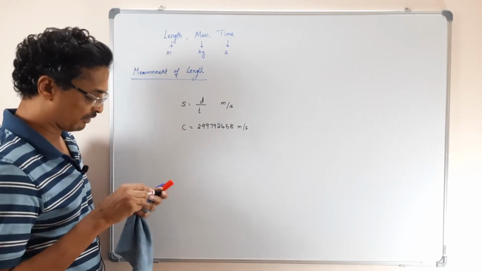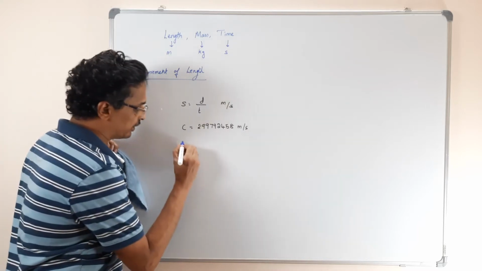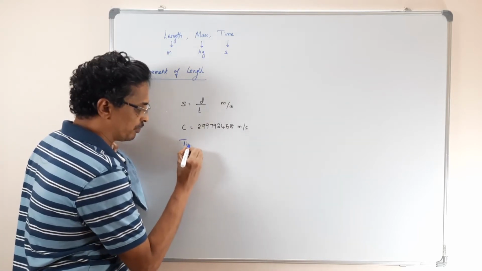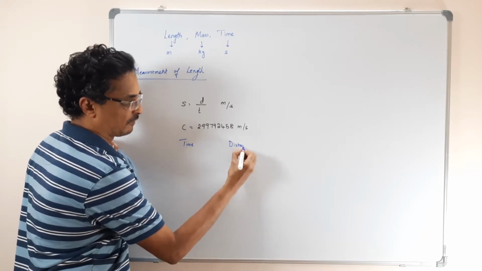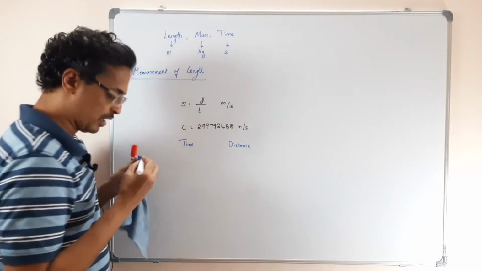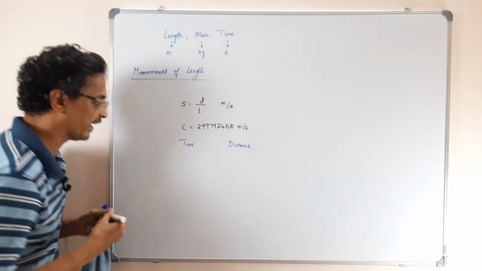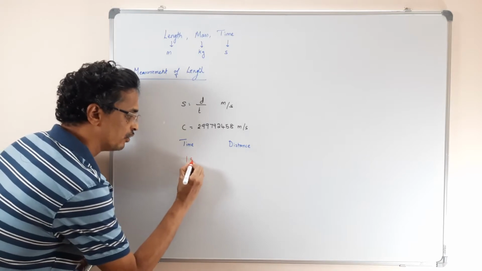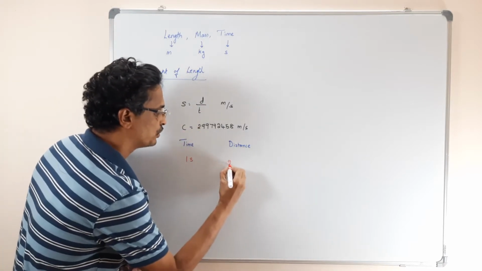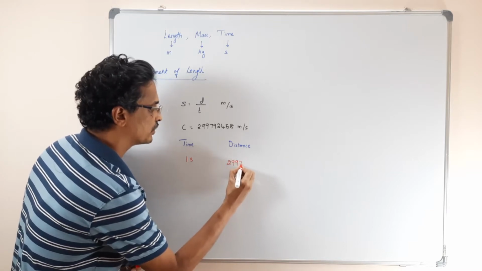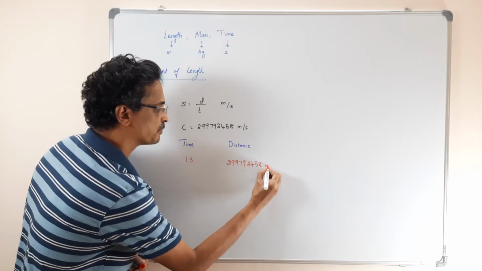So then let me write here time and then distance. In 1 second, what is the distance traveled? This is the distance: 299,792,458 meter.